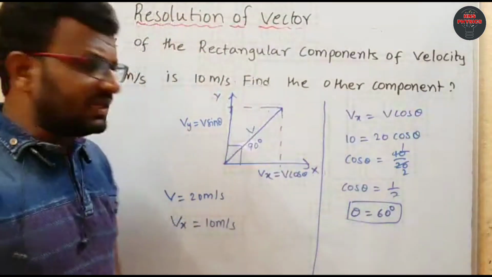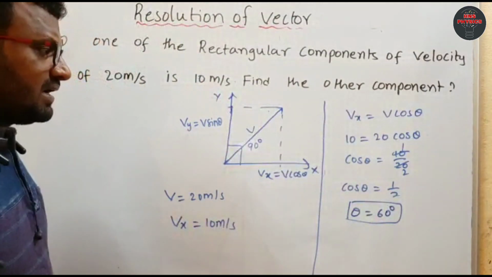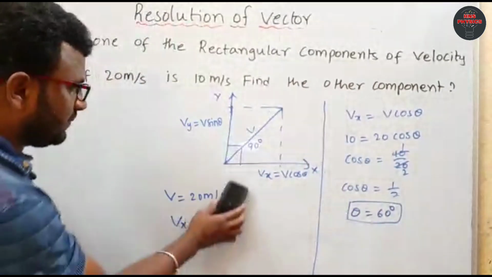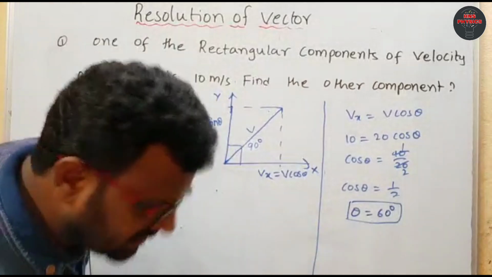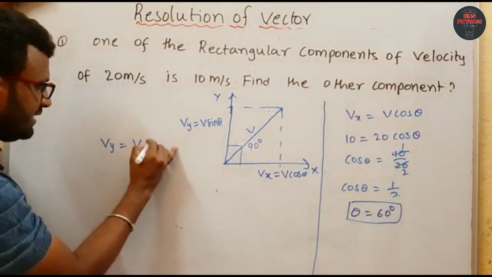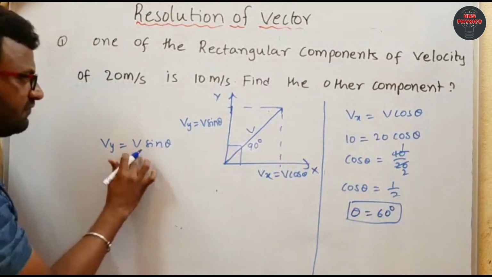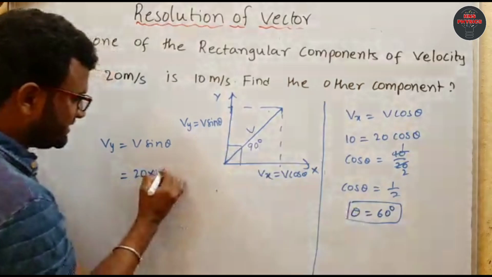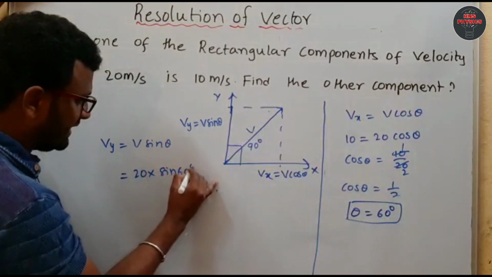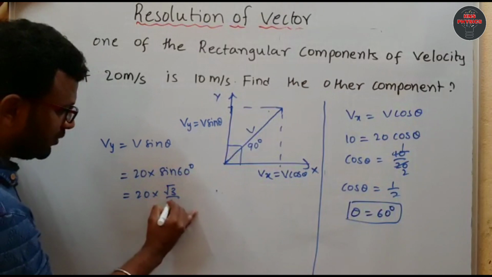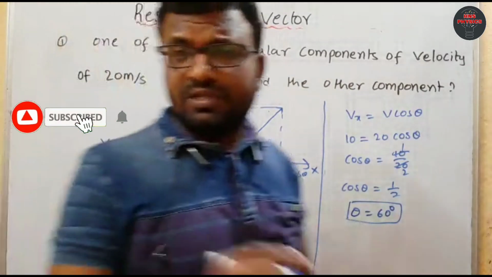From here you can find the other component, Vy. Vy is equal to V sin theta. V is 20, and sin 60 degrees is root 3 by 2.